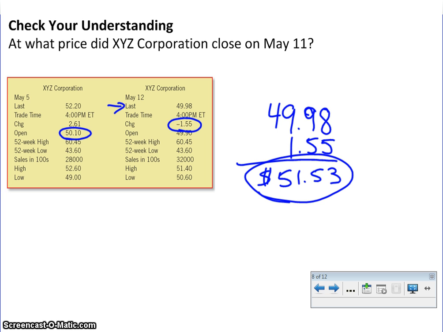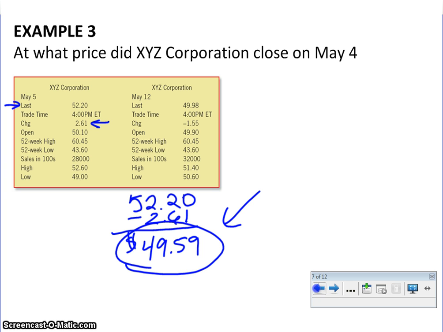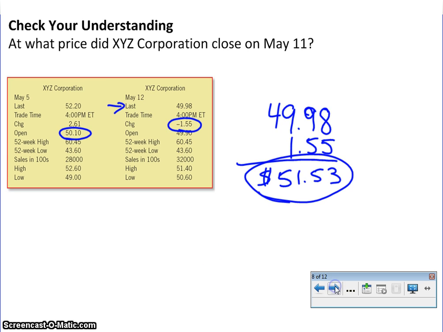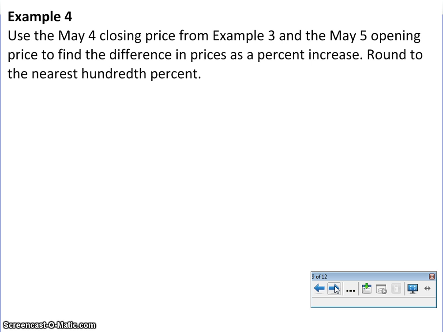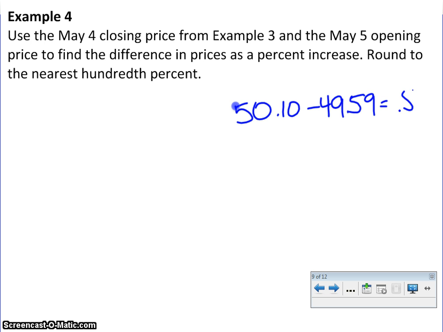Now the 49.59 we got from our previous answer in example 3. So the opening price was the 50.10 minus the closing price, which was the 49.59, meant a change of 51 cents.